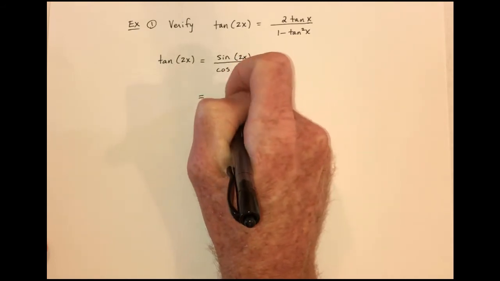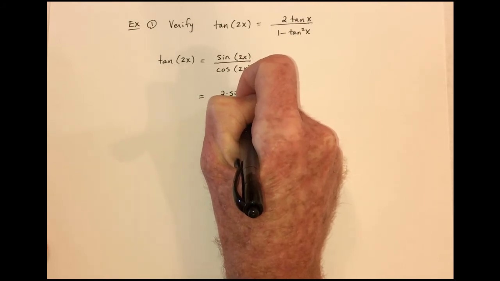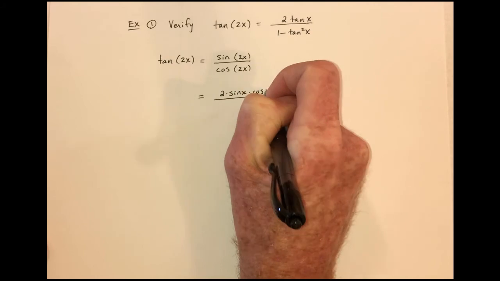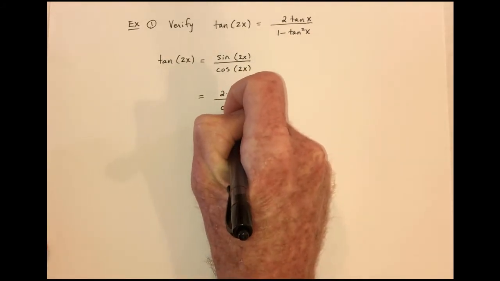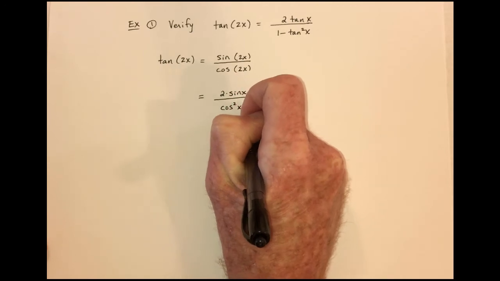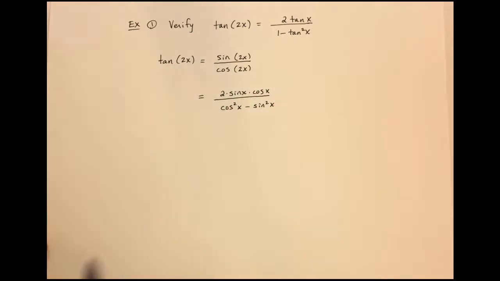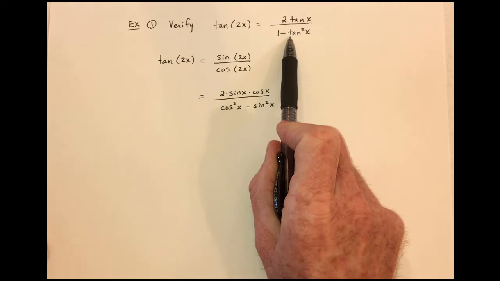So on the top, sine of 2x is 2 times sine of x times cosine of x. And on the bottom, use cosine squared minus sine squared. Sometimes when you're proving identities, it's a good idea to look at what you're supposed to get.